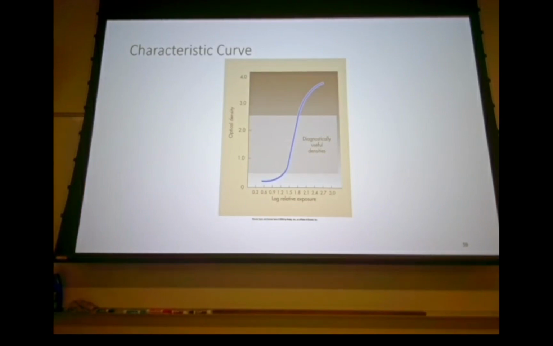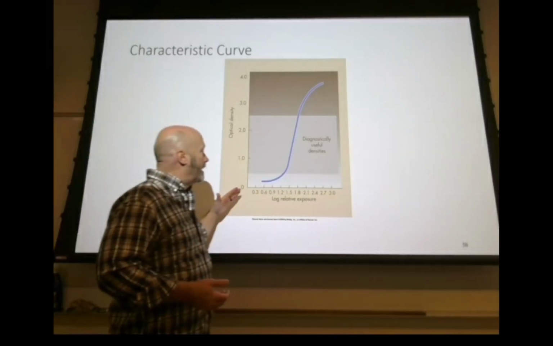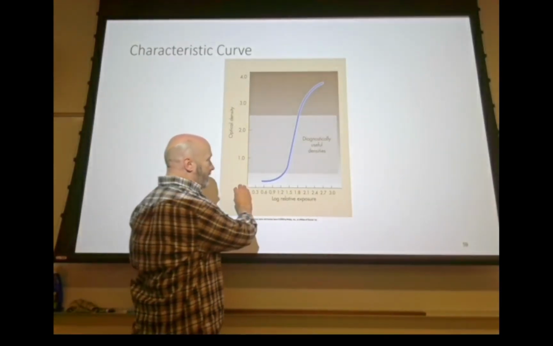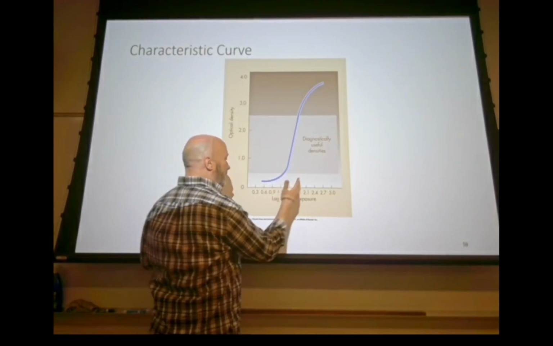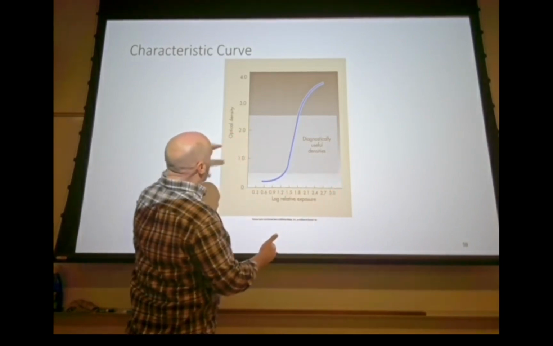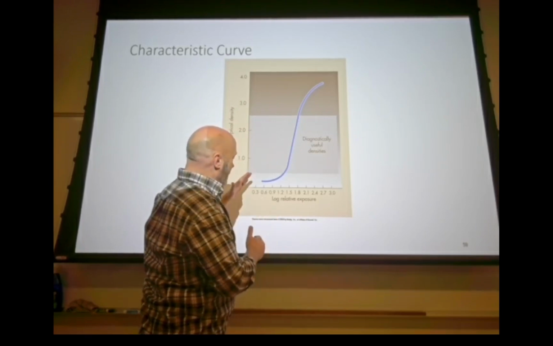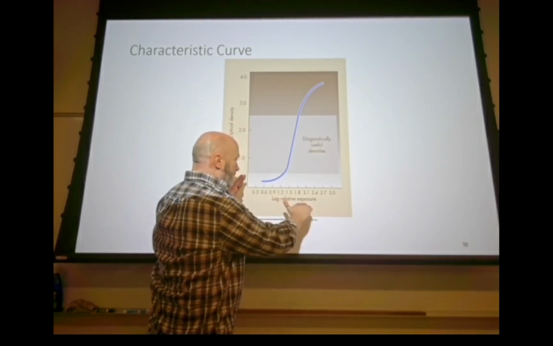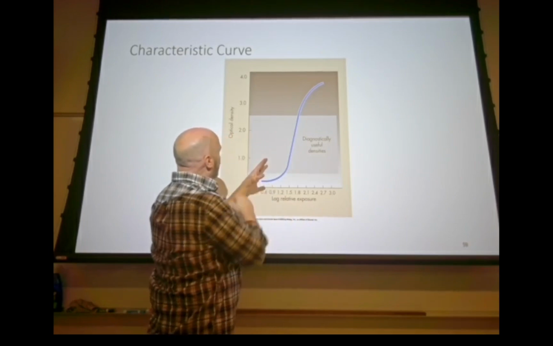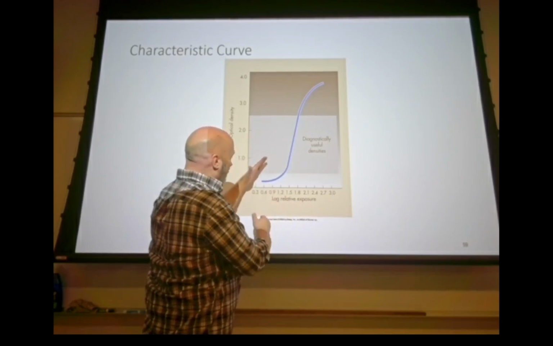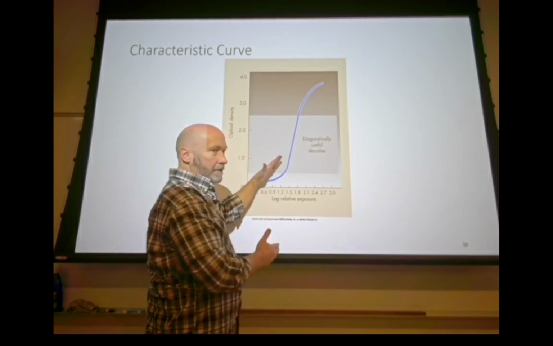So the thing about contrast is we can measure contrast. If this was 1, 2, 3, and 1, 2, 3, and a unit of exposure gave us 1 unit of density, so 1 to 1 would meet at a 45-degree angle, right?